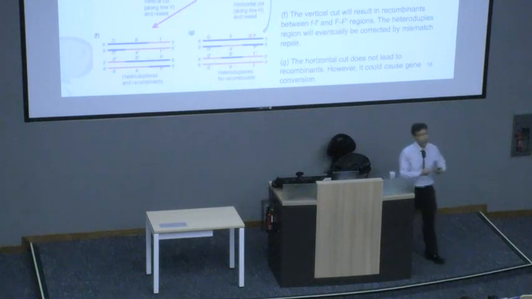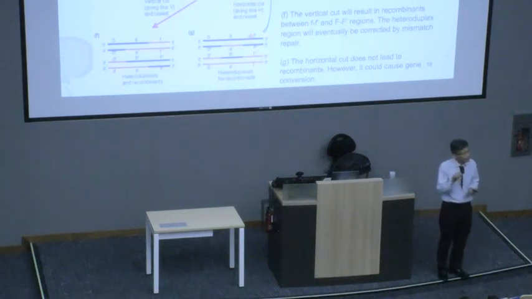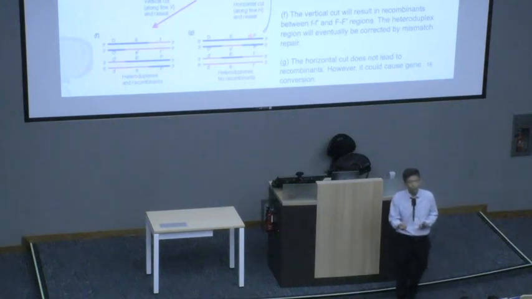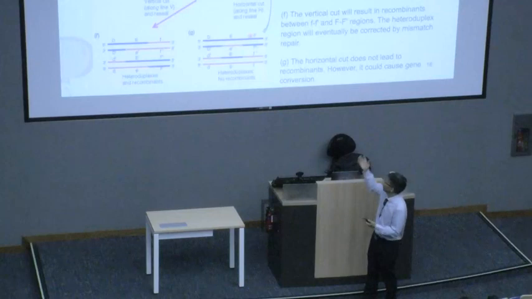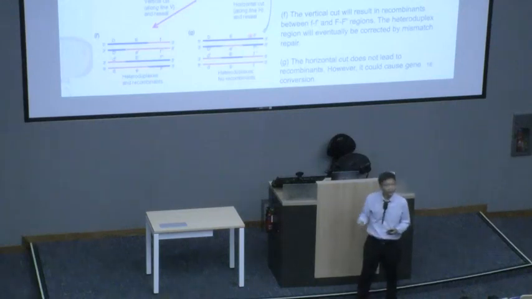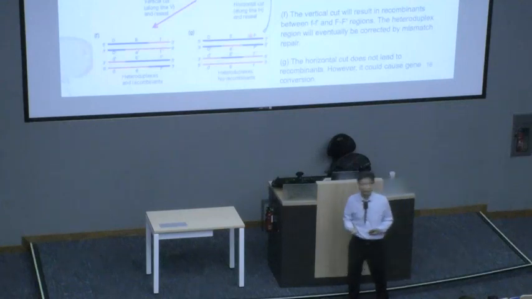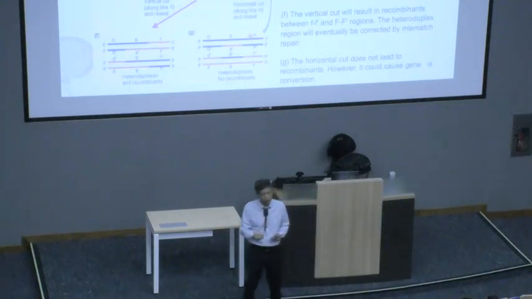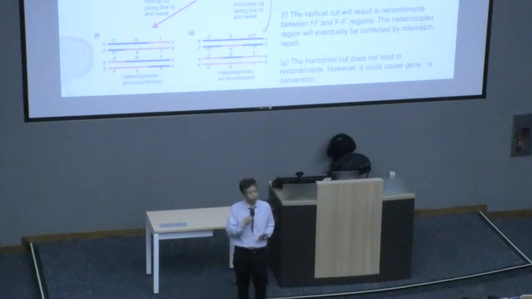Yes, it becomes recombinant. Now we can call it recombinant, but this recombinant does not come directly from the crossover. It is generated from the repairing, after the crossover, through the repairing stage.